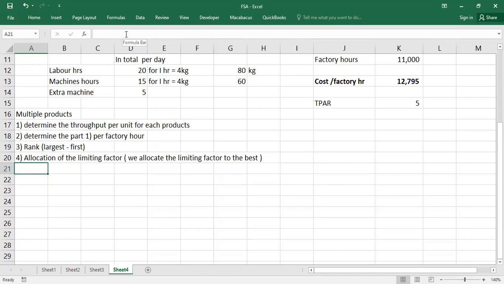Now, after allocating, by allocation, by the way, you obtain the output mix. We're going to see how we do that.